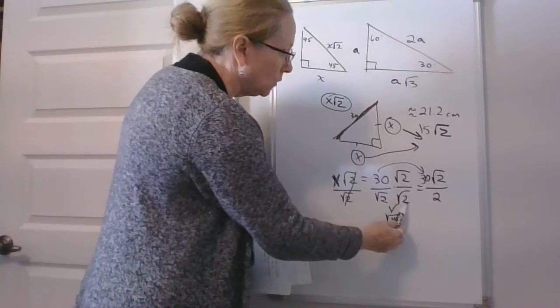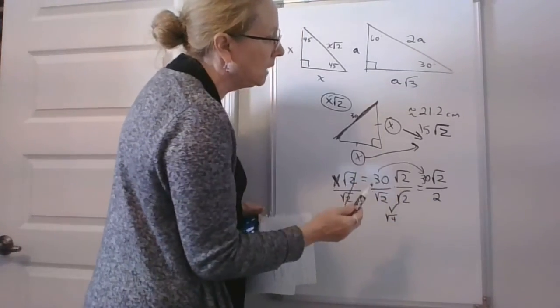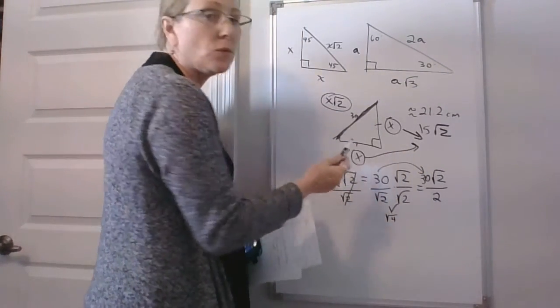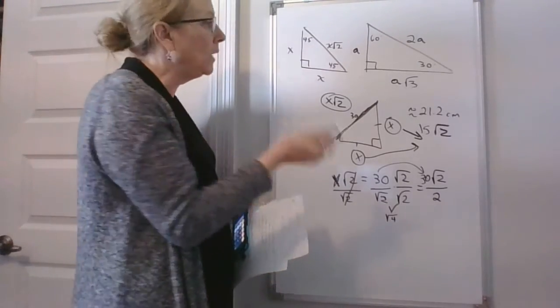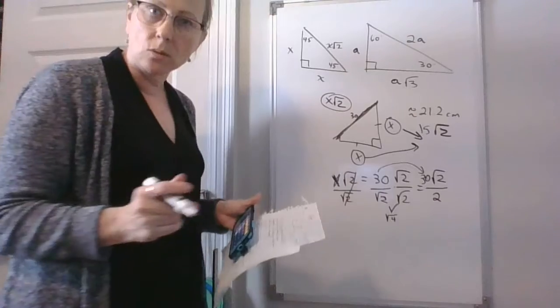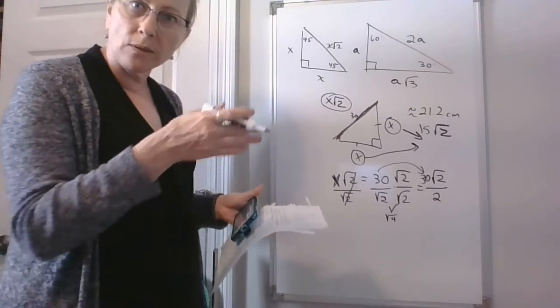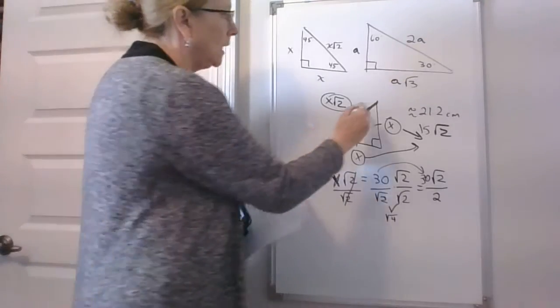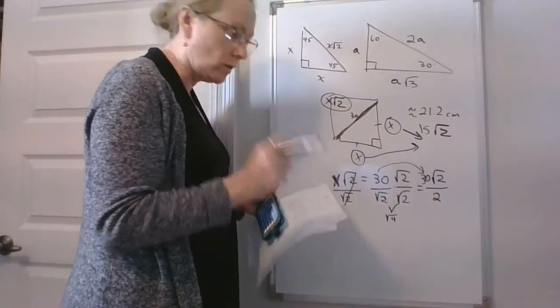Root 2 times root 2 is 2. 30 divided by 2 gives us our 15 root 2, which is the answer for the two sides if it was a simplified answer, but they asked for an answer to the nearest tenth of a centimeter on that chopstick one, the chopstick across the plate. And again, our plate completes the square.